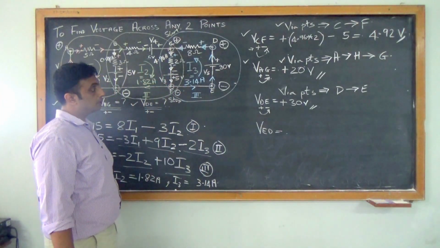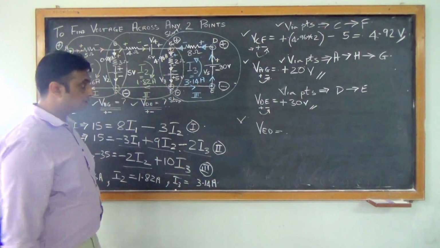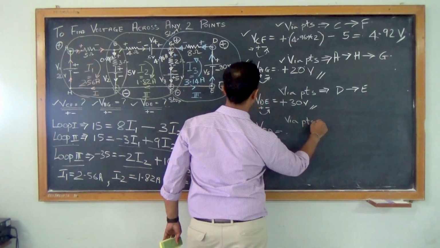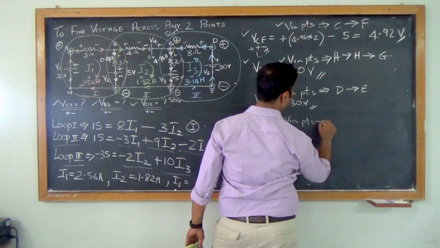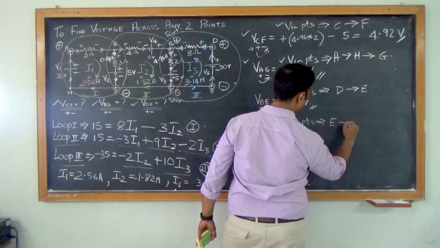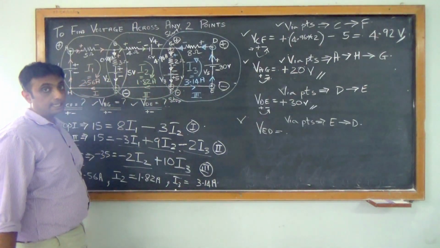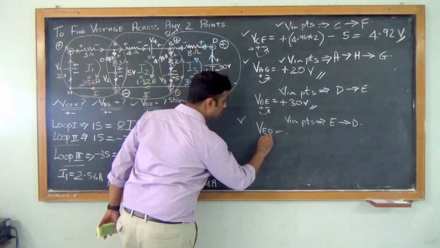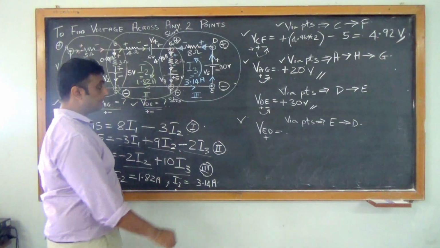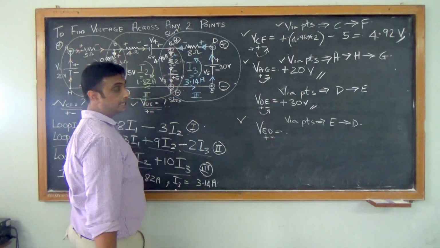Now, if I want to find out the voltage across points VED, as I told you, the shortest path would be this, via points E to D. Now, to use this technique, I told you the positive terminal of your multimeter is connected to E and your negative terminal of your multimeter is connected to D. So D will be negative.